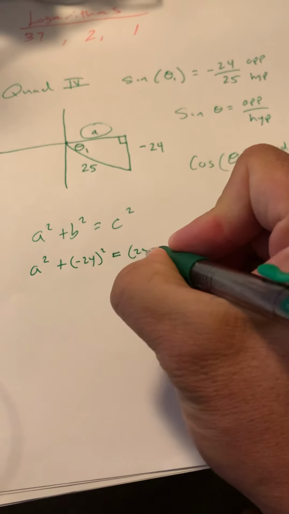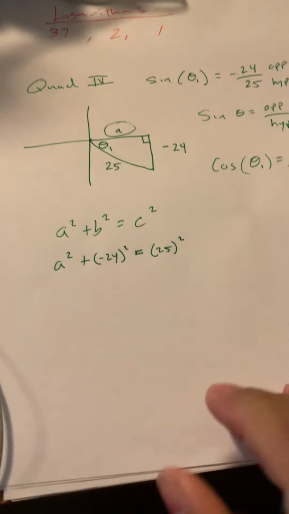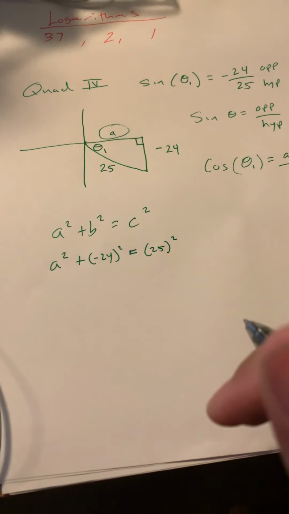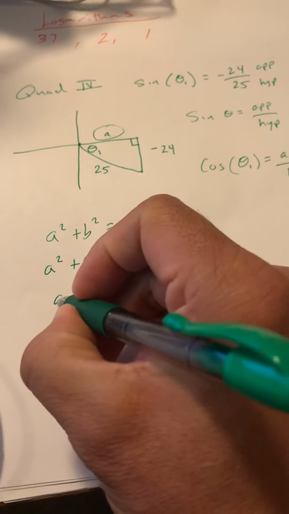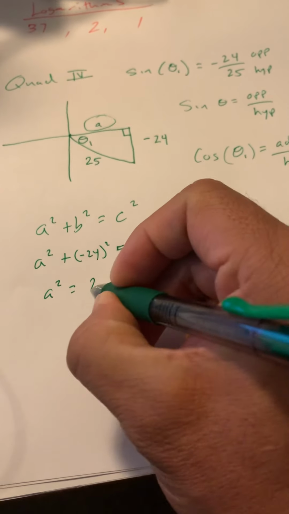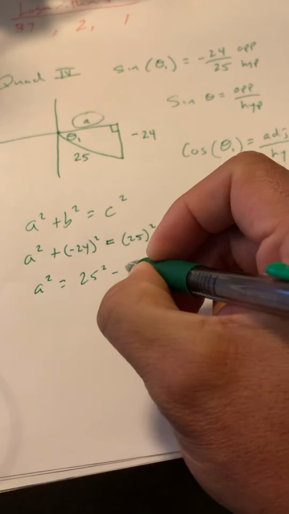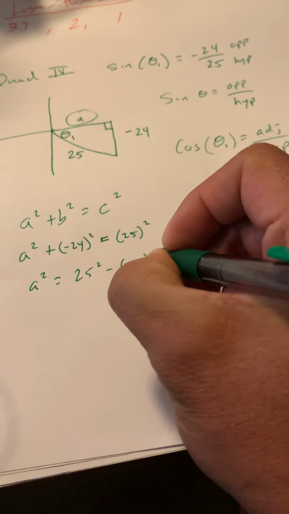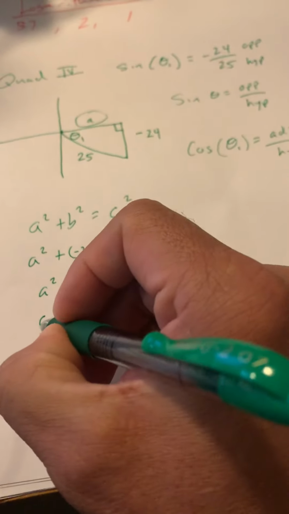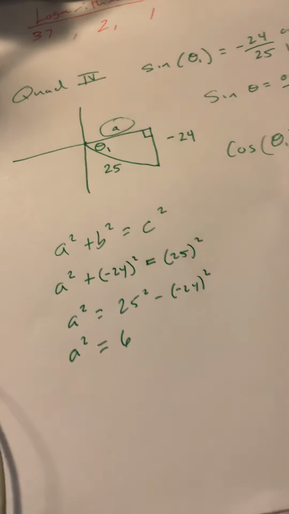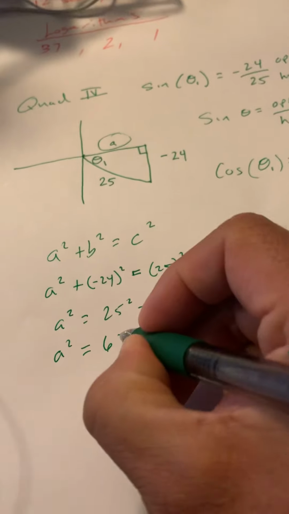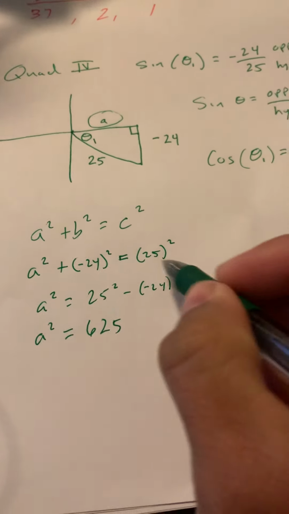So 25 squared. Now, when you do the math for the Pythagorean theorem, you end up getting a squared equals 25 squared minus negative 24 squared. And I believe it equals 625 when you do all this math over here.